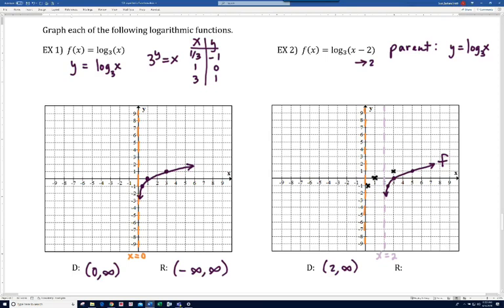So 2 to infinity. Notice this graph does go down forever. There is no highest point, so no lowest or highest point. The range is all real numbers. And you're going to find with the logarithmic graphs that your range is going to be all real numbers even after you do a shift, or shifts or reflections. All right, let's move on to the next page.